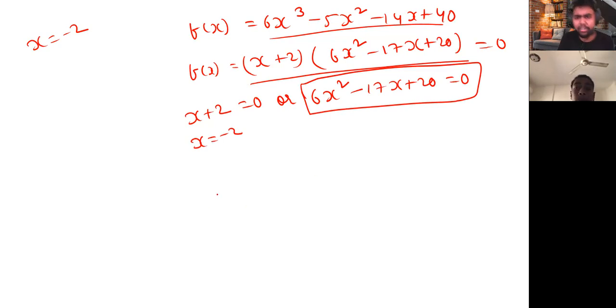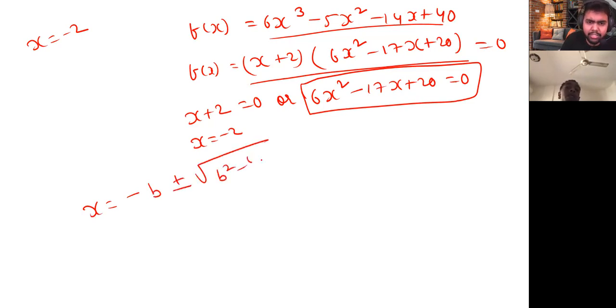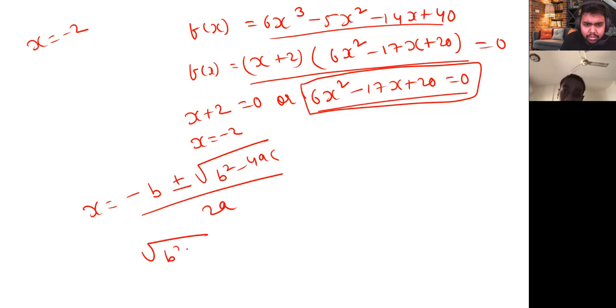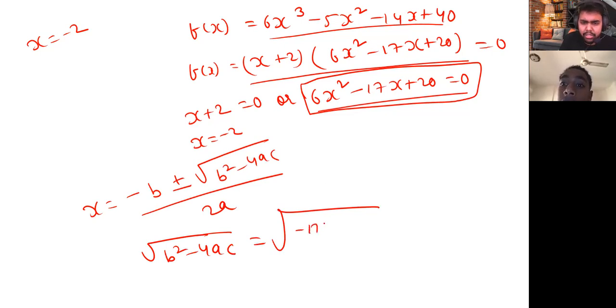Wait, let me check. So what is the formula for x? Minus b plus minus root under b square minus 4ac by 2a, and this is my expression. Okay, try to find root under b square minus 4ac. So now what is b square? Minus 17 square, minus 4ac.